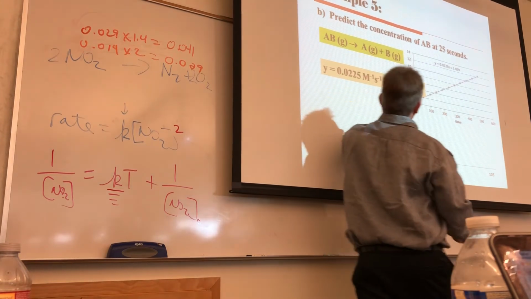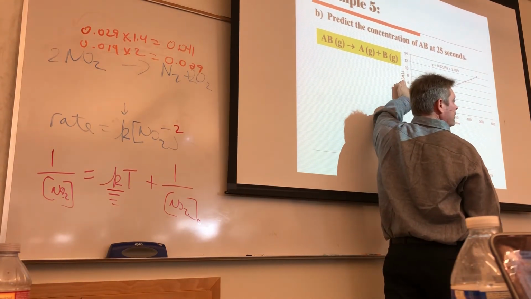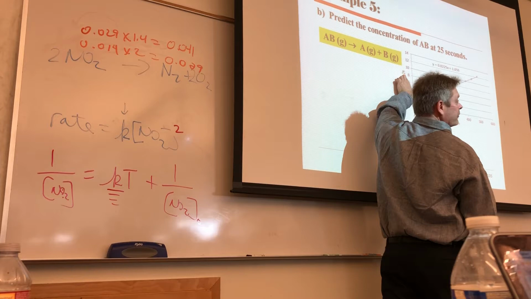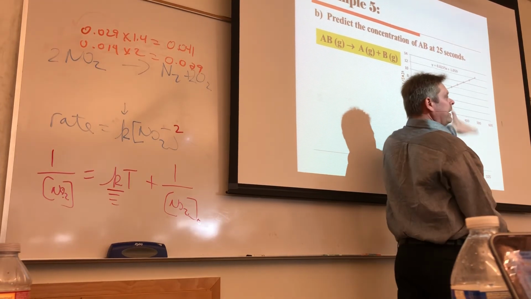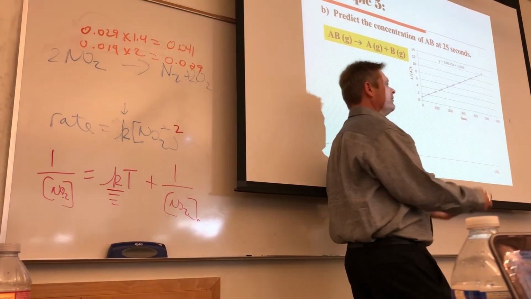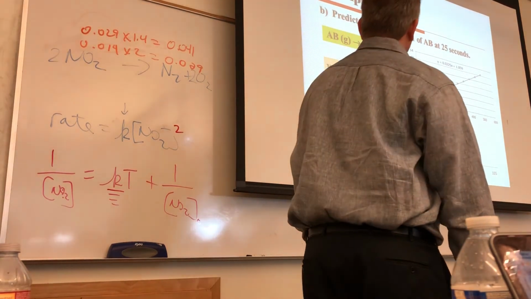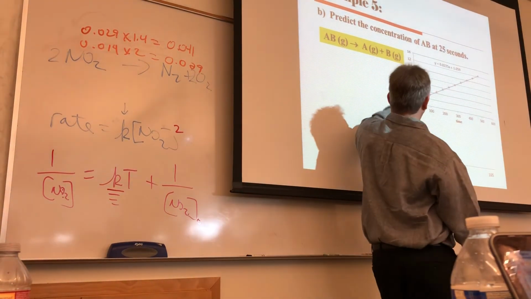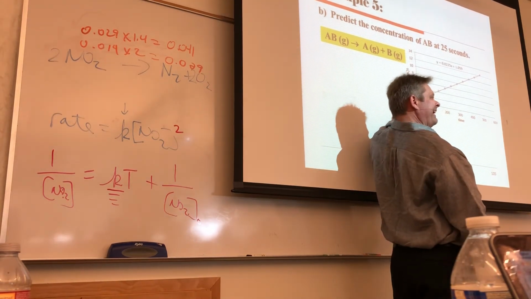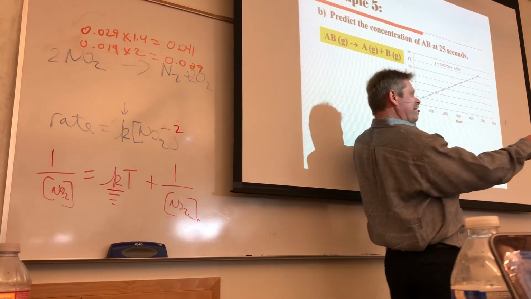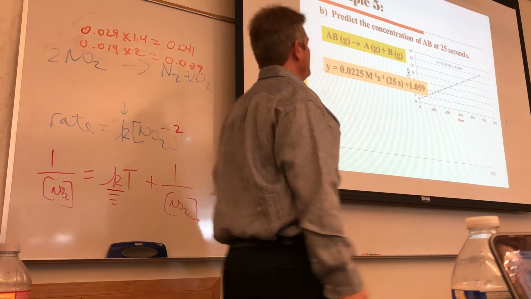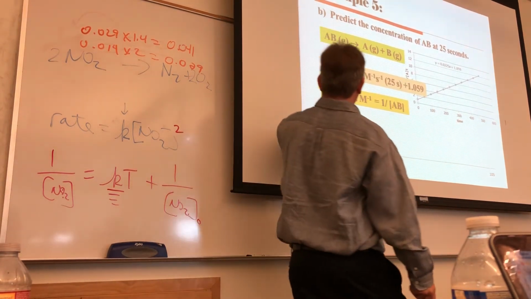Now I have to solve for the concentration within y, because the concentration isn't y. That would be for a 0 order, right? So that's why I always say, what's the first thing I say when you look at the graph? What are your axes? What are you looking at? That's the whole point of that statement. Does that make sense?